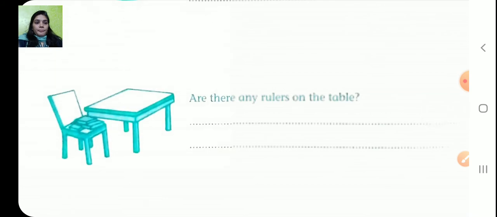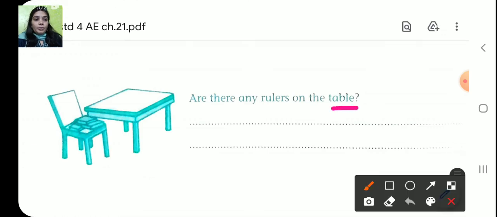Okay. So number 3 question is, are there any rulers on the table? Now look at the picture carefully. They have asked about the ruler on the table. So are there any rulers on the table?